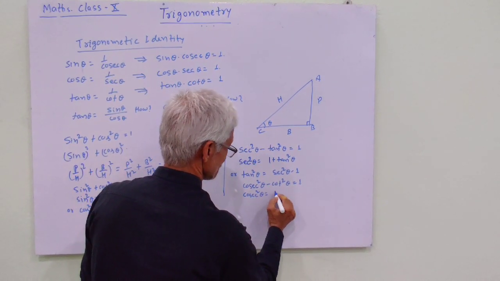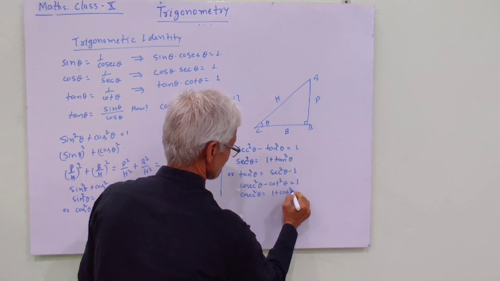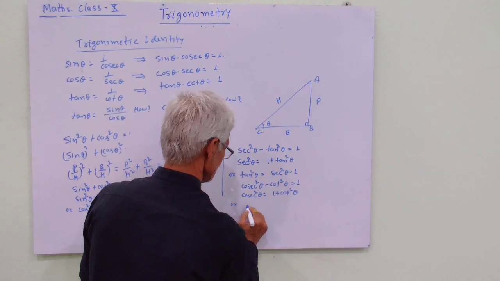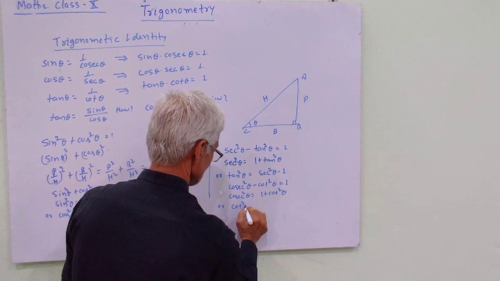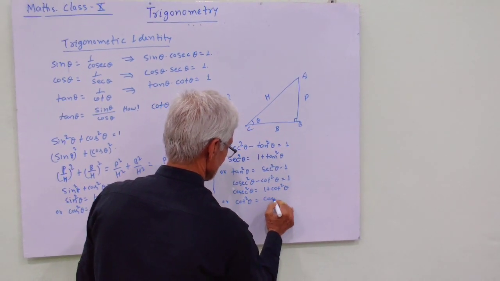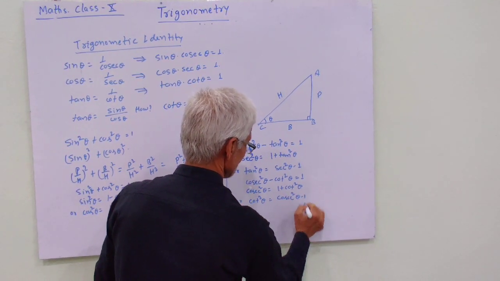Cosec square theta is equal to 1 plus cot square theta, or cot square theta is equal to cosec square theta minus 1.